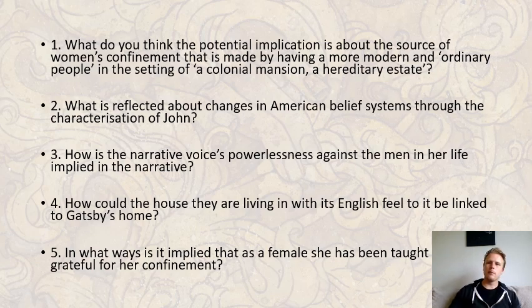And I would say that the implication of this, the idea the author wants to draw out of the narrative, is the sources of women's confinement can be linked back to these older belief structures, that they're not necessarily as relevant in this modern time. They reflect something different here, okay?